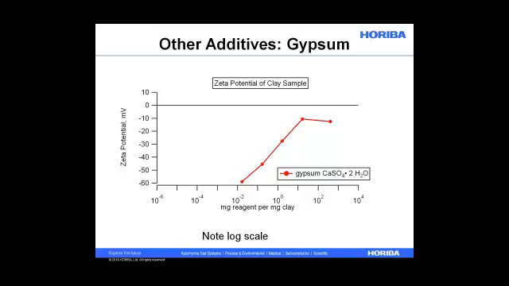And you can see that as I add gypsum, the zeta potential is climbing up towards 0. But it doesn't quite get there, and I'm at 100 milligrams of reagent per milligram of clay. So I pretty much know that gypsum is not going to do the job because I'll have a gypsum slurry by the time I'm done.